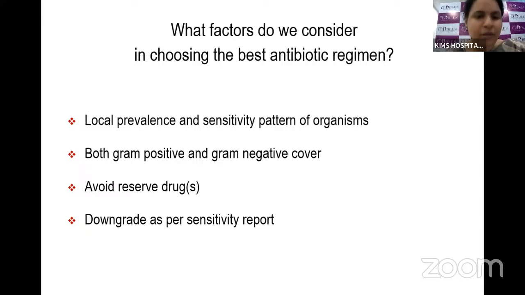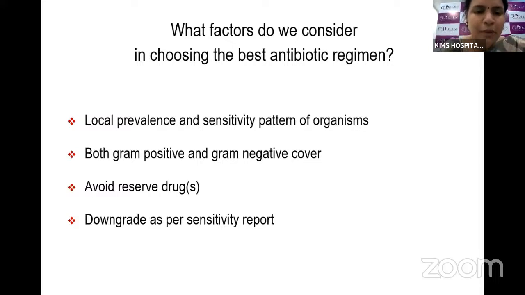This is usually prepared once every few months by the microbiology team of most hospitals. They circulate this data to us, which talks about the prevalence of various gram-negative and gram-positive bacteria, or possibly other organisms, including fungi, that are commonly isolated from blood, urine, and CSF cultures sent from different ICUs. The data should also include the sensitivity pattern of organisms that are grown in our own center.